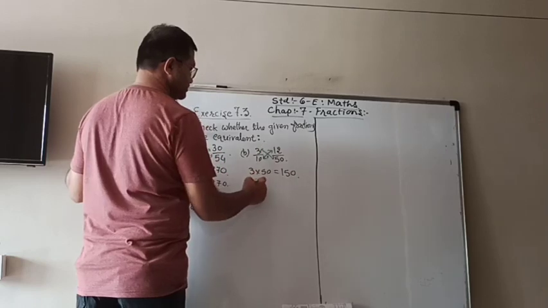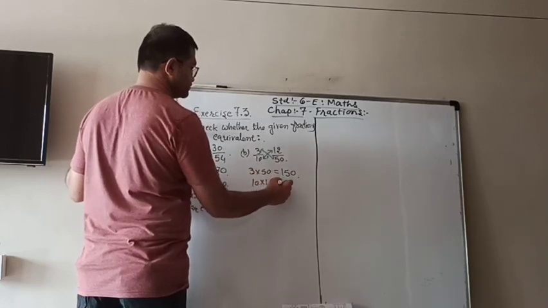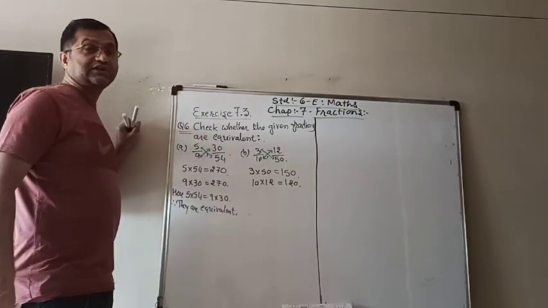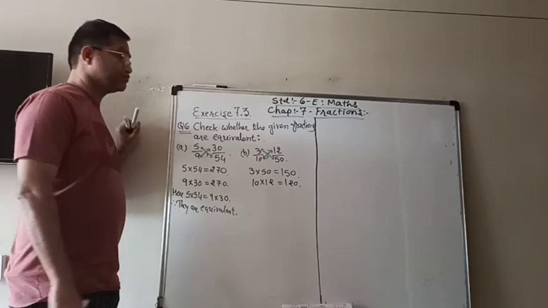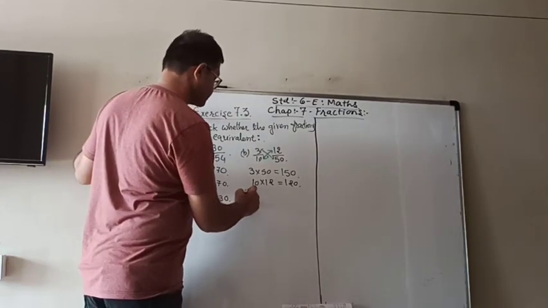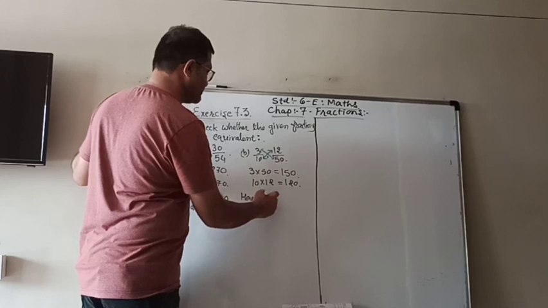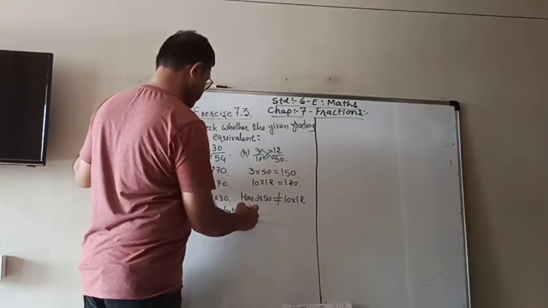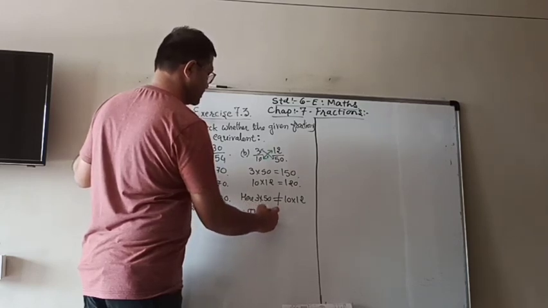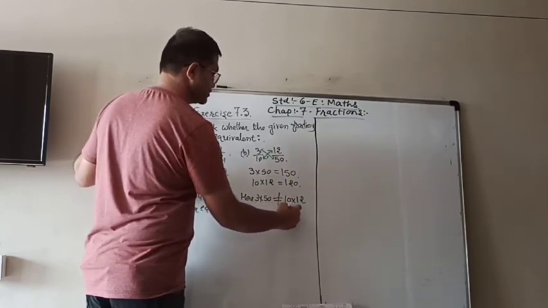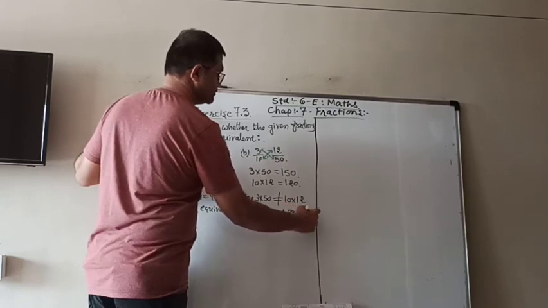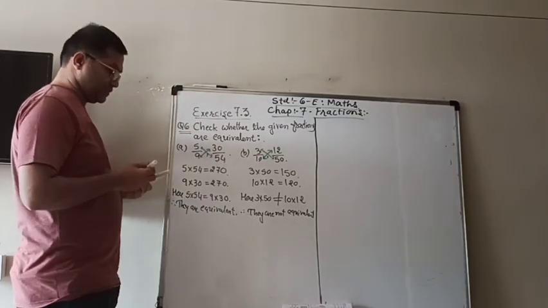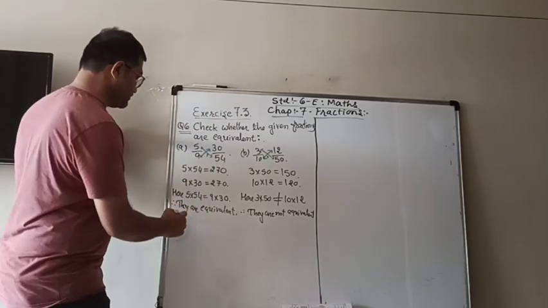And 10 multiplied by 12, 12 times 10 is 120. Here you can see that both answers are not equal. So 3 multiplied by 50 is not equal to 10 into 12. Therefore, they are not equivalent.